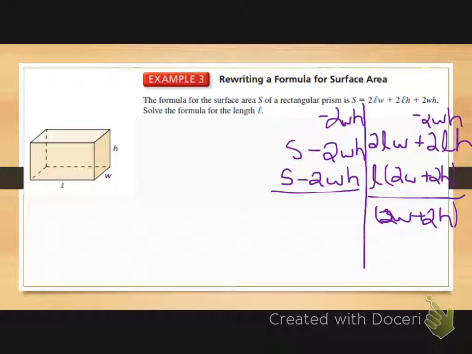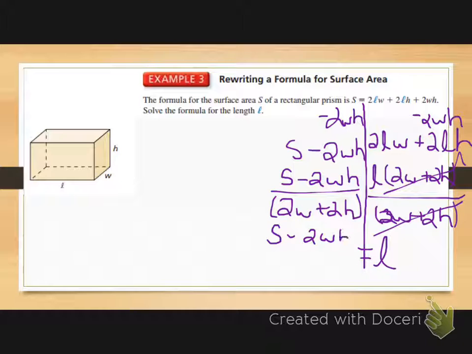Whatever you do to one side, you must do to the other. So now I've got this eliminated, so we're left with just our L here, and it is going to be equal to the surface area minus 2 times the width times the height, all divided by 2 times the width plus 2 times the height.